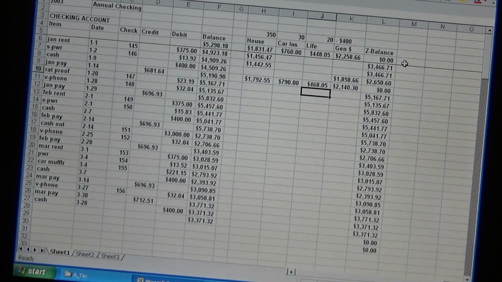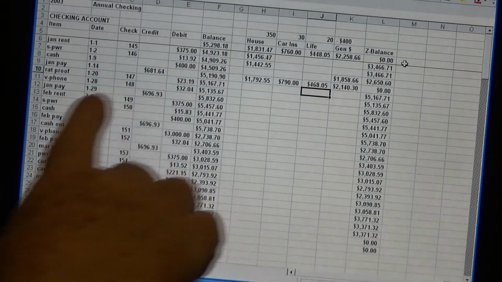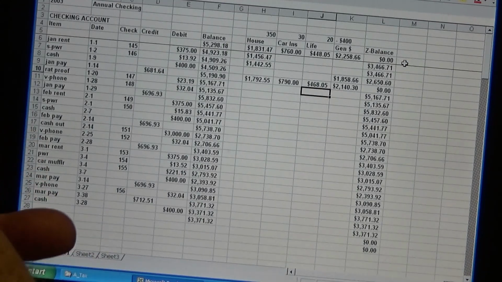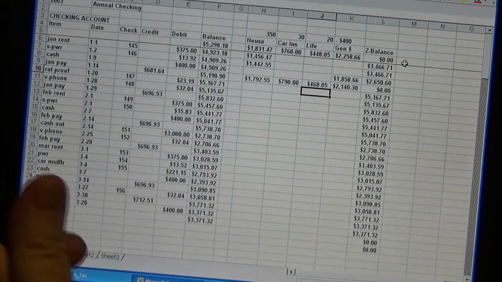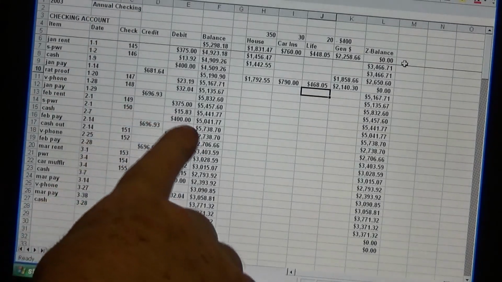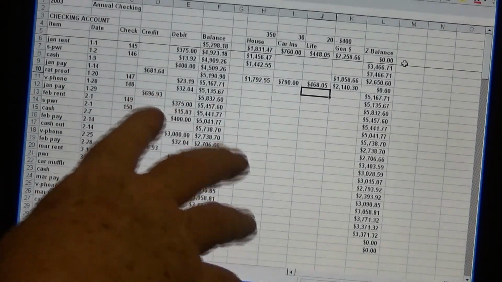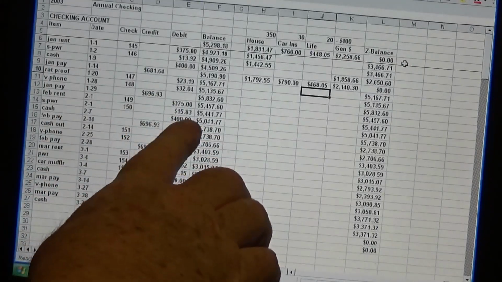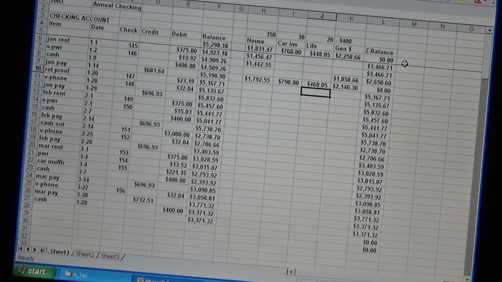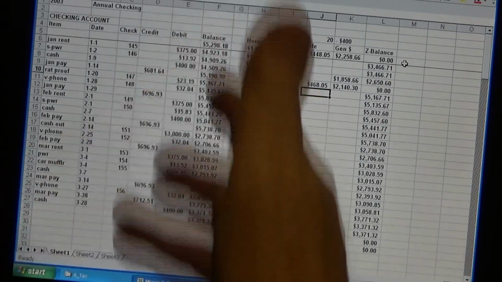So I had to come up with this cash envelope in a spreadsheet. Whenever I get my monthly check or checking account statement, I balance the statement like you would normally do in your checkbook. I balance the statement there, and then I go in and balance out what my cash envelope stuffing is, using columns.